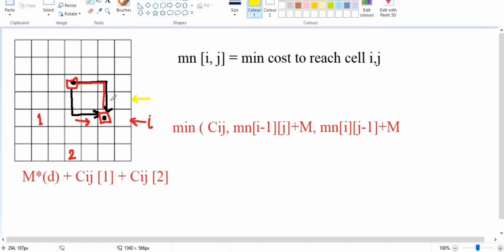So I'm coming from over here to over here. Likewise, and let's say this is your j, and this is basically your j minus 1, right? So I'm coming from over here till over here in the left direction, as you can see over here, and hence I'm adding m to it. Now this is what my simplified expression would look like.